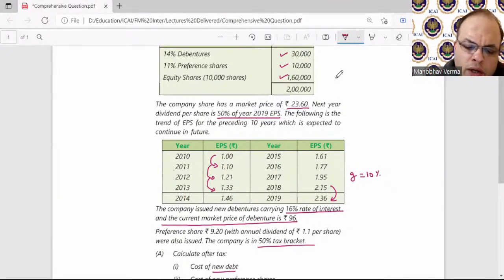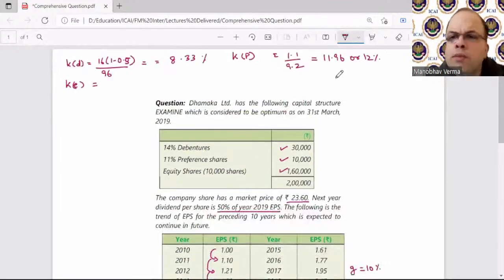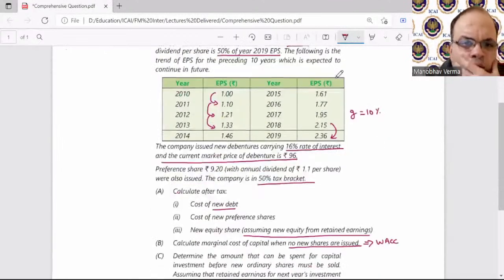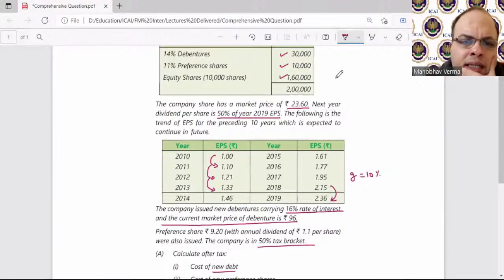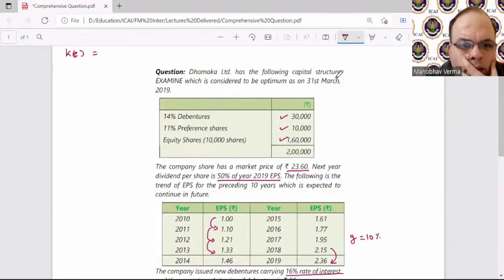Okay, some of you have already given me the answer of KE. So for the KE, we have a market price of 23.6 and next year dividend per share is 50% of 2019 EPS. So what will be my next year dividend? 2.36 into 50%, that's 1.18.